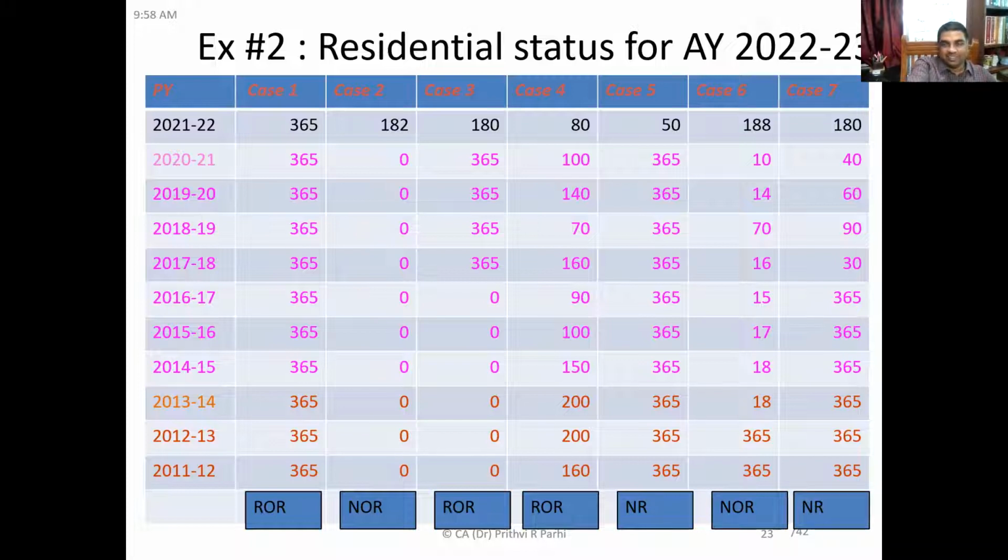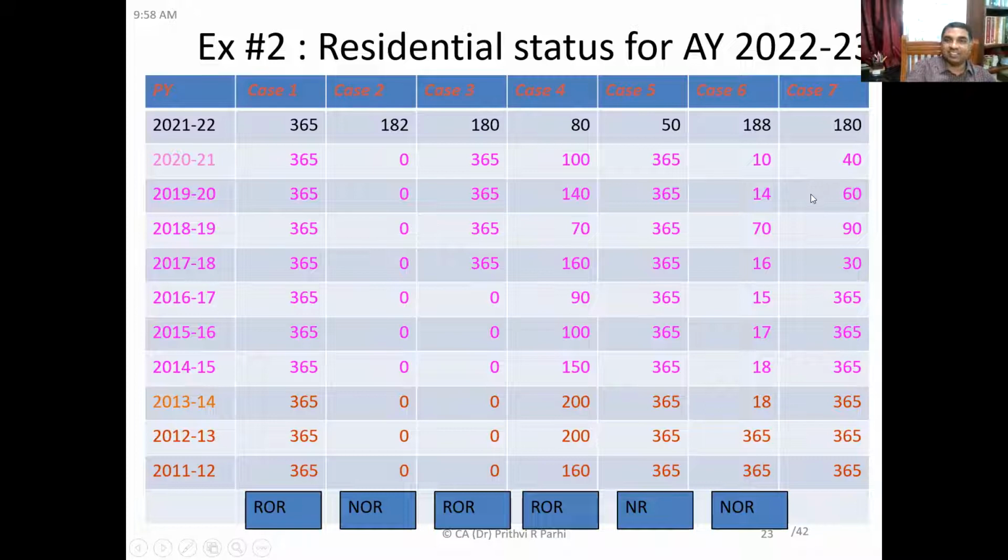Yes, sir. The second condition is 60 days plus 365 days in the previous year. You said 60 days and 365 days. He has not stayed 180 days. Second is 60 plus 365. Are they coming together to 365 days or more? So less than 365.